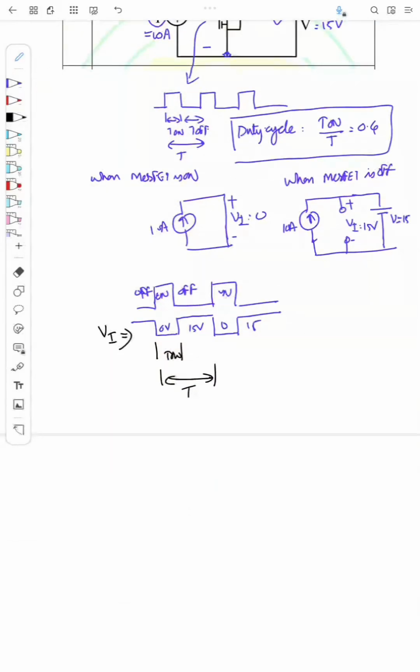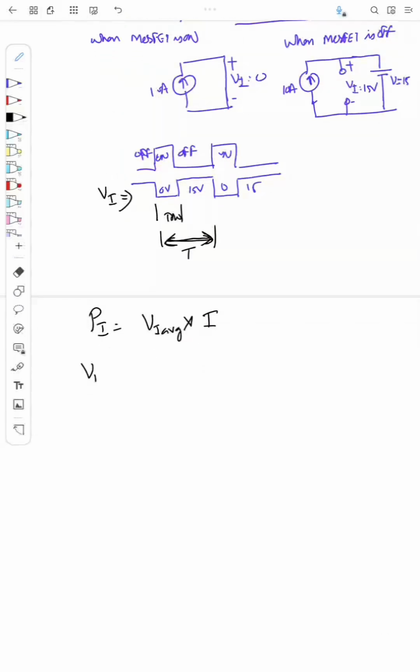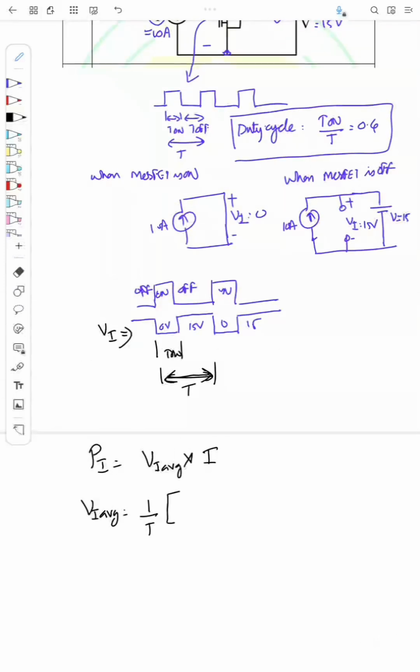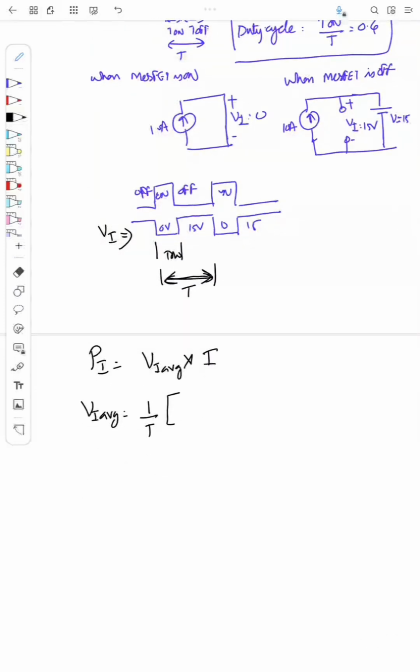I want to find the power delivered by the current source. So this will be equal to the average voltage during this time period T, VI average, into the current sourced by the current source. So what is the average voltage here? That is equal to 1 by T, that is the period of this VI, into the area under this curve. So I can split this into two time periods.